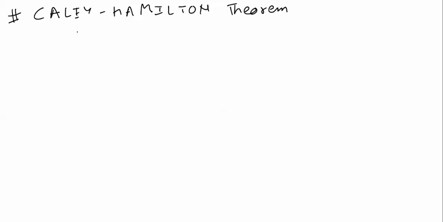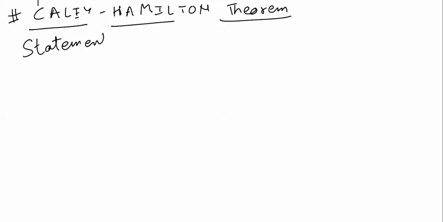That is the name of the scientists, basically. Cayley-Hamilton theorem. Now what is the Cayley-Hamilton theorem? Let us understand this. What is the statement, or what did Cayley and Hamilton actually observe?